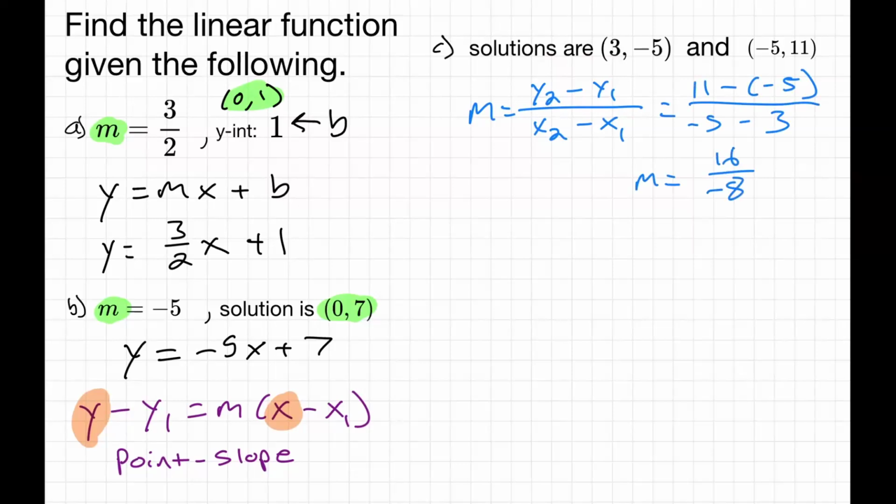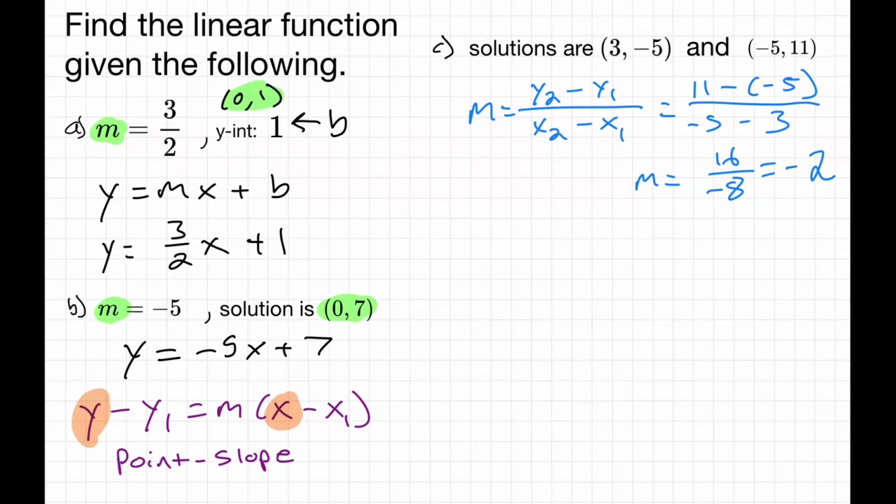Right, that one's nice. Now, keep in mind, it's not always going to work out. As we saw, we can have rational slopes, but here we get a -2. Now, at that point, we have our slope. What was the other thing we need? Our y-intercept, right? Do I have a y-intercept right now, though?